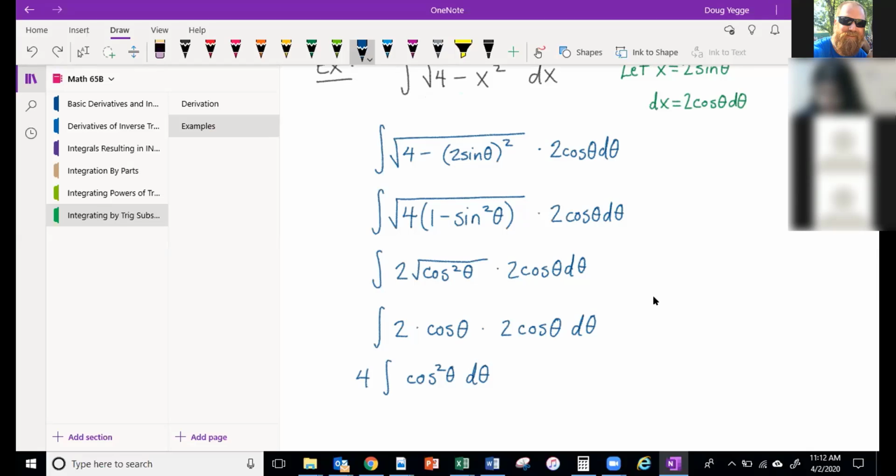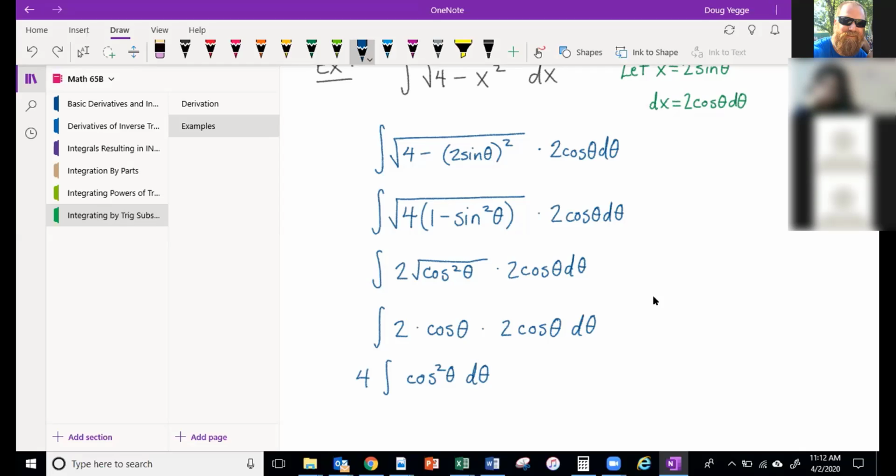If I were to choose any other substitution, the square root wouldn't have canceled. I had to pick sine theta in order for that square root to cancel. And not only that, I had to pick a sine theta because when I square 2, I get the same coefficient that I get right here, which allows me to factor that out.